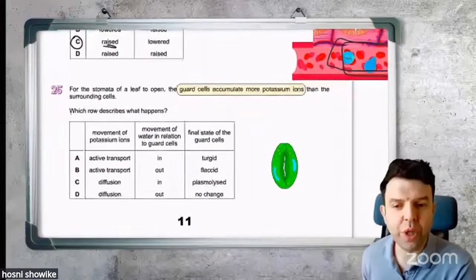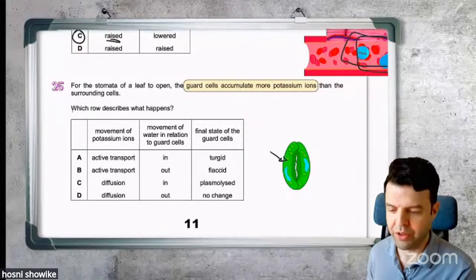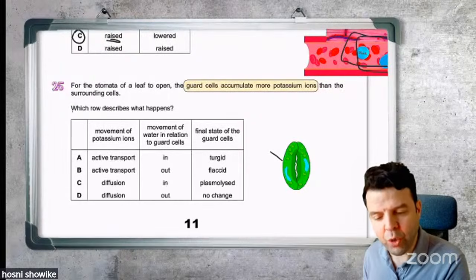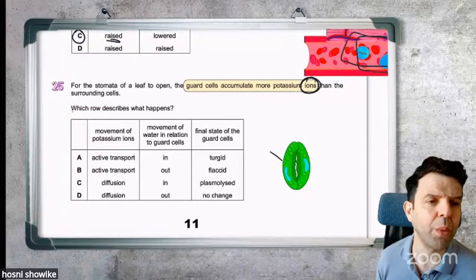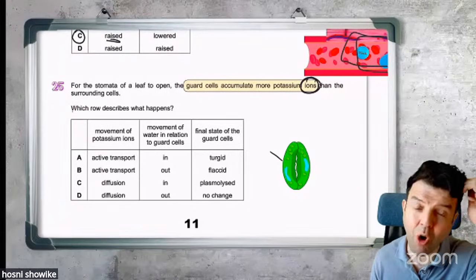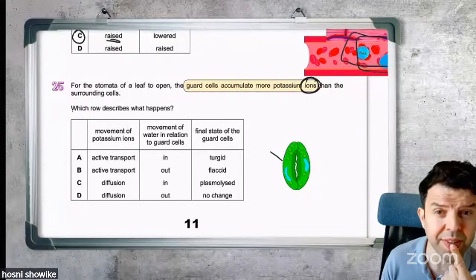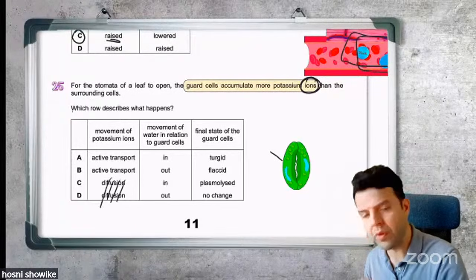So here's a quick question. It's about a guard cell, and it said guard cells accumulate ions straight away. If someone is talking about movement of ions, what's the first thing that should occur to you? Ion movement is never diffusion, right?